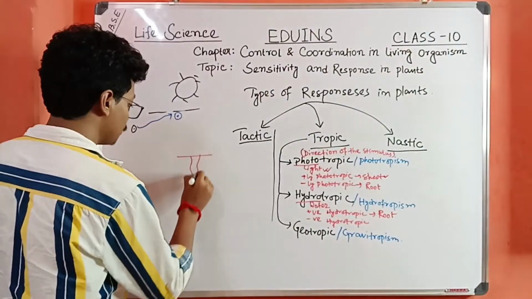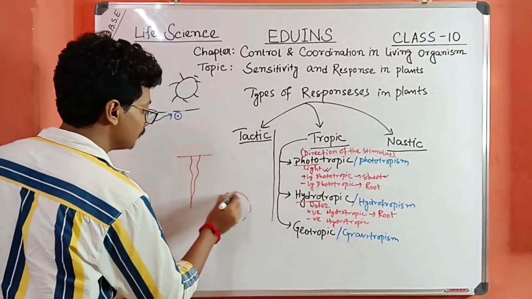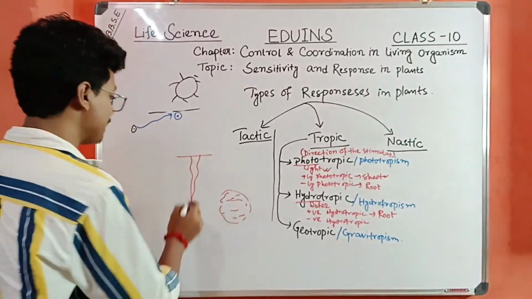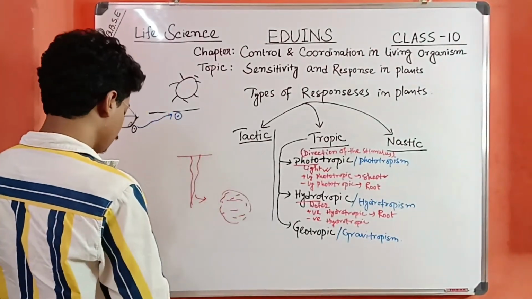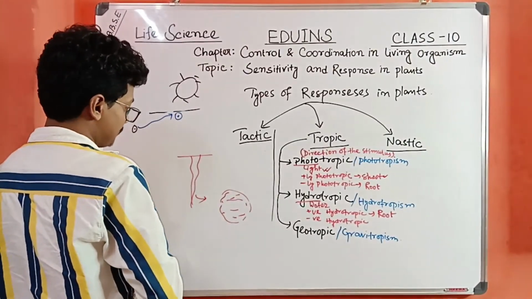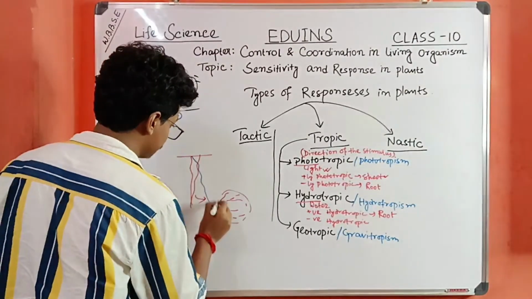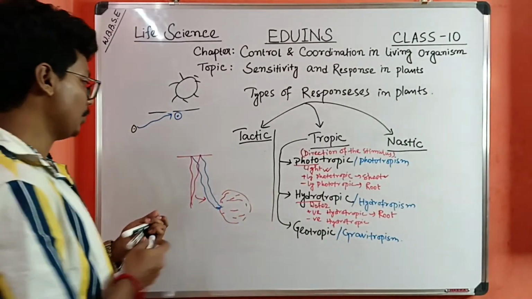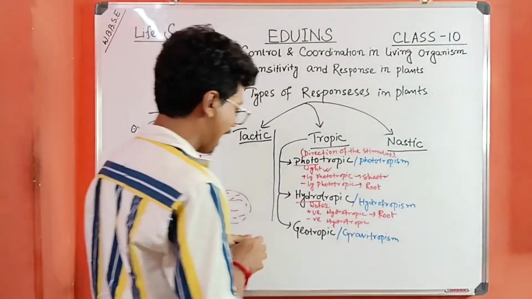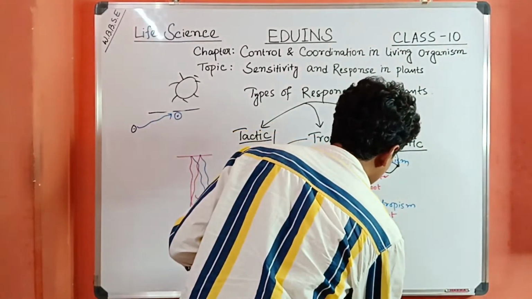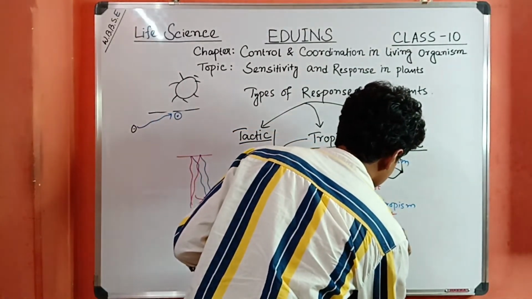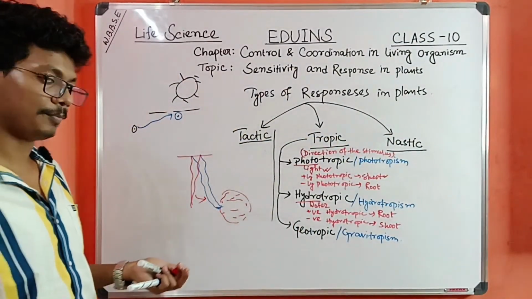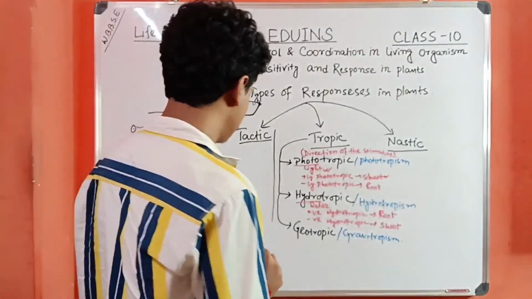If this is the root of a plant and here is the water intensity, if water intensity is high here, then the root moves on this side like this. Okay, so this is the positively hydrotropic, and the shoot part shows the negatively hydrotropism or negatively hydrotropic.